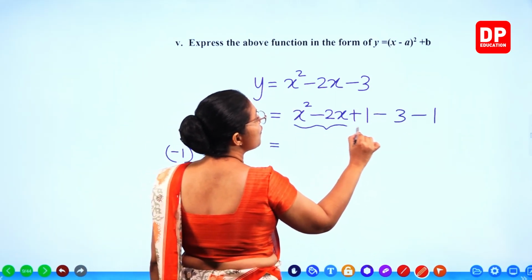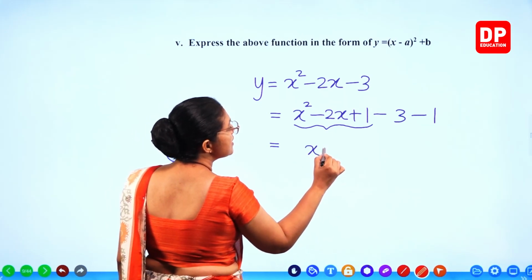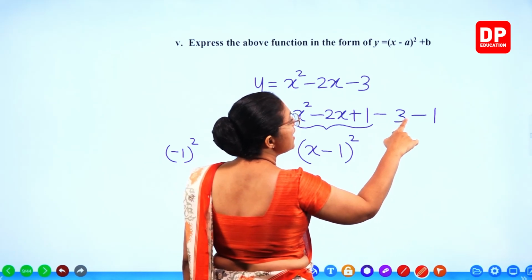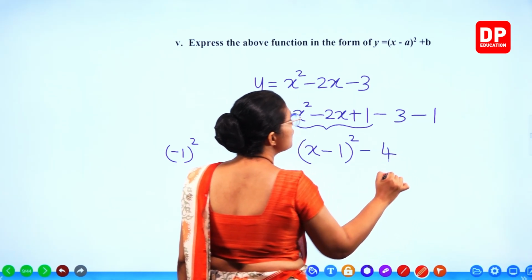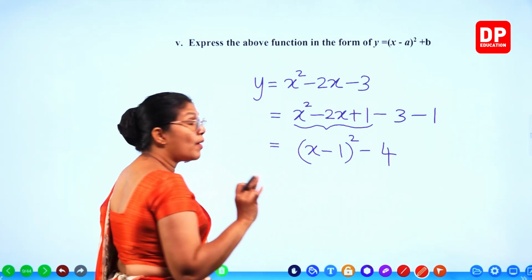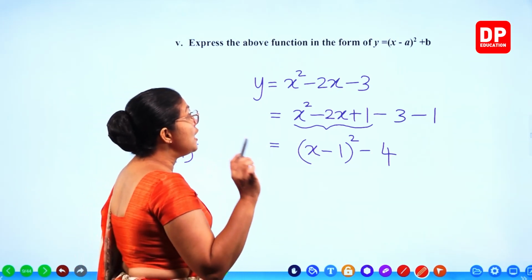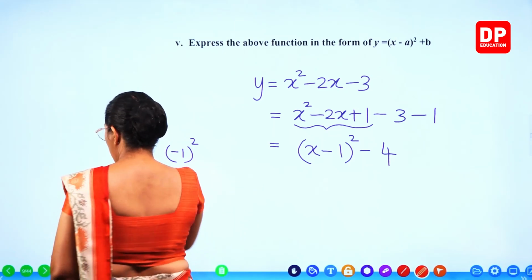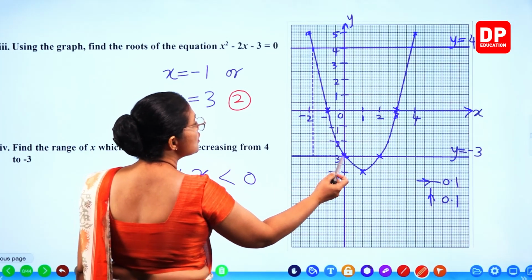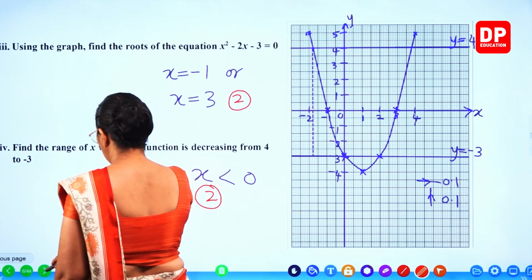So what you get from here, you get x minus 1 whole thing squared, and minus 3 minus 1 becomes minus 4. So you can do this way, or what's the other method? We know the vertex point is 1, minus 4.